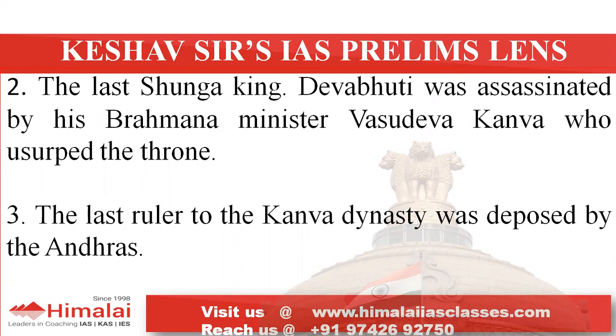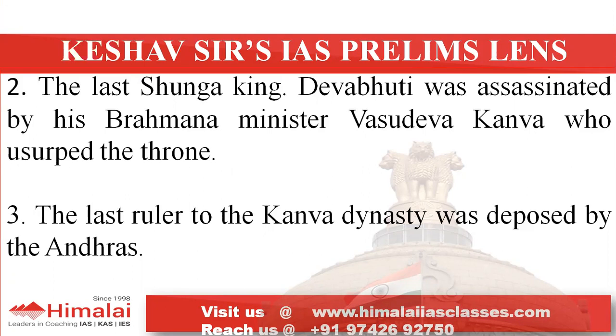The last Shunga king, Devabhuti, in the year around 73 BC, was assassinated by his Brahmana minister, who started his own rule called the Kanva dynasty. Kanva dynasty had 4 rulers, and they were also very significant in Indian history.